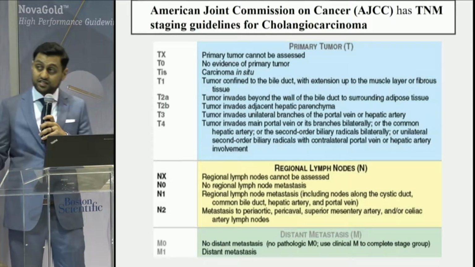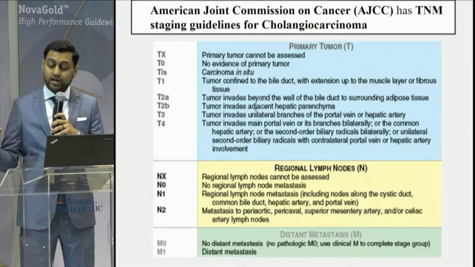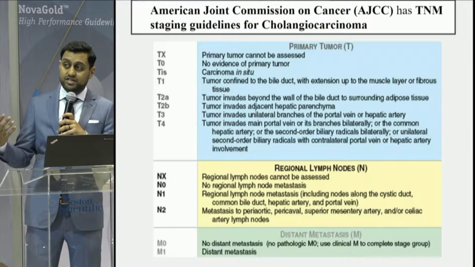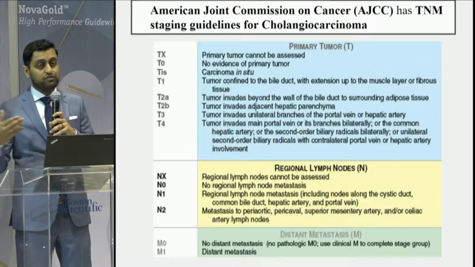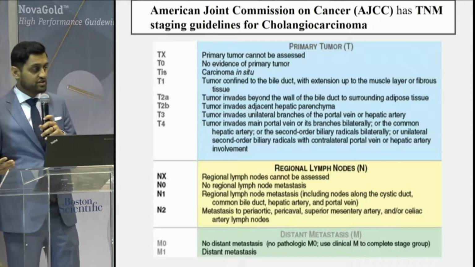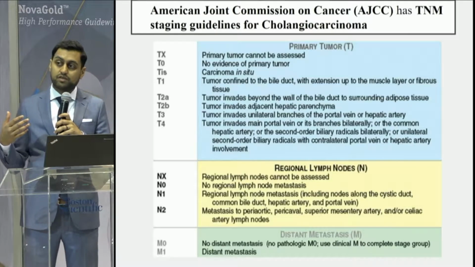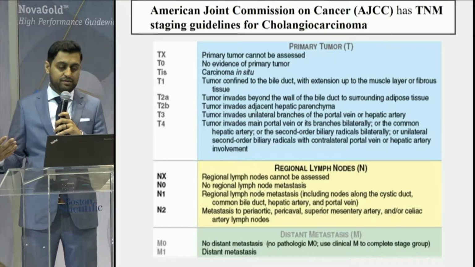So TNM staging, this complex chart here, shows how we work up a patient for TNM stage. For those who don't deal with a lot of cancer, TNM is then composited into stages 1 through 4, which is the clinical stage for the patient. In cases of foregut cancers, we often try to get a clinical stage, which is a composite of the TNM stage.